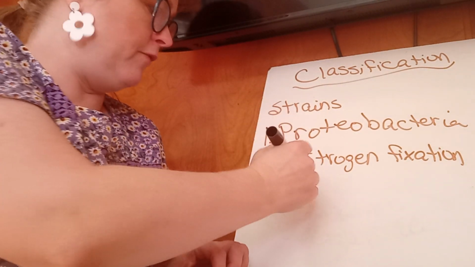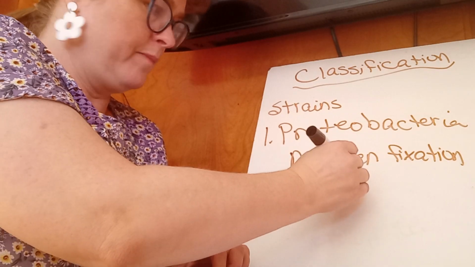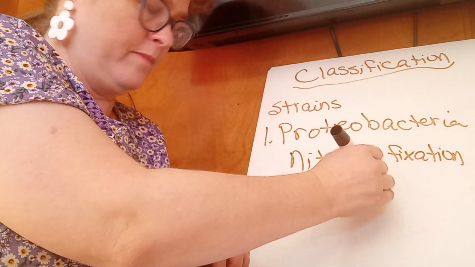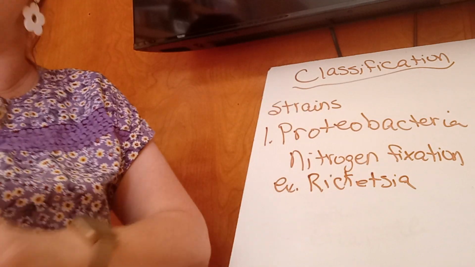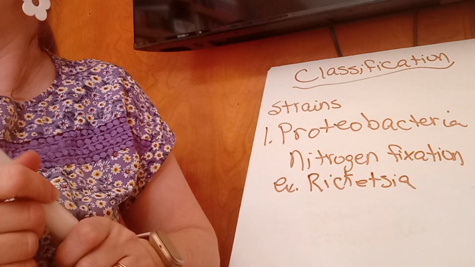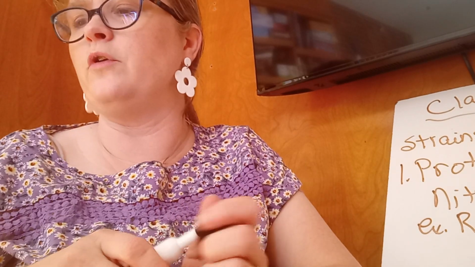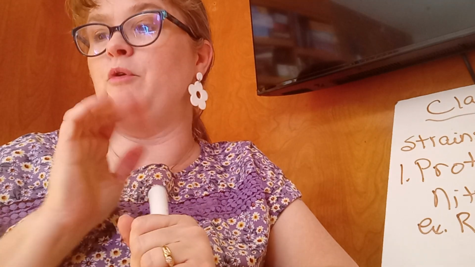Okay, we're going to do one example. Rickettsia. These require a host, so they are parasites. They use the human cells to reproduce. They don't reproduce just on their own.